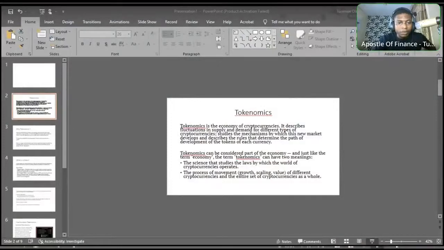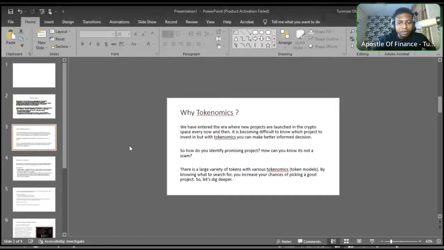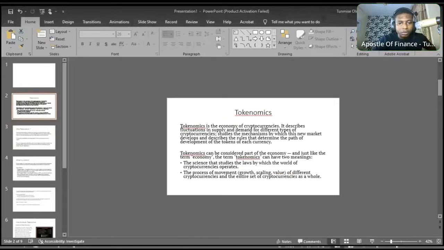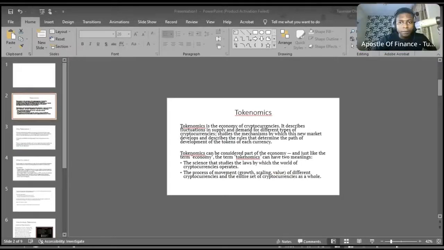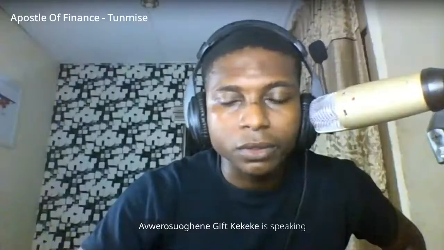I believe you guys can see my screen, right? Hello, I believe you guys can see my screen. You can use the comment section. Can anybody actually hear me? Okay. It's okay.